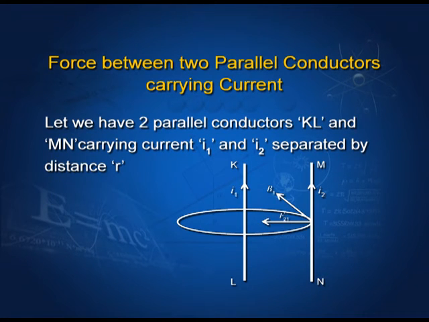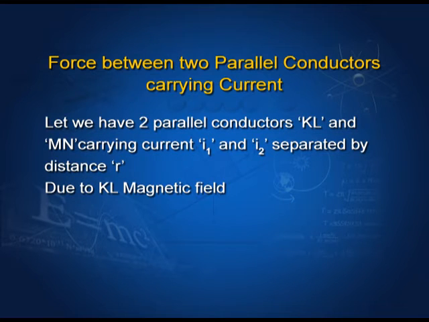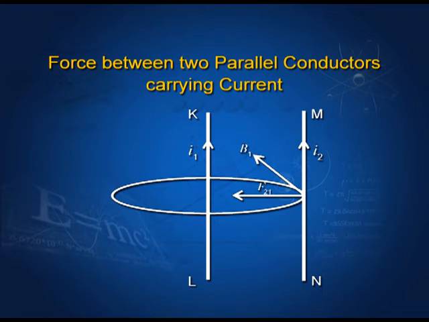Let us have two parallel conductors KL and MN carrying current I1 and I2 separated by distance r as shown in the diagram. Due to the conductor KL, the magnetic field at point P1 on the conductor MN, say B1, is equal to μ0 upon 4π into 2 I1 upon r. This magnetic field B1 will be radially inward using the Maxwell's right hand thumb rule.